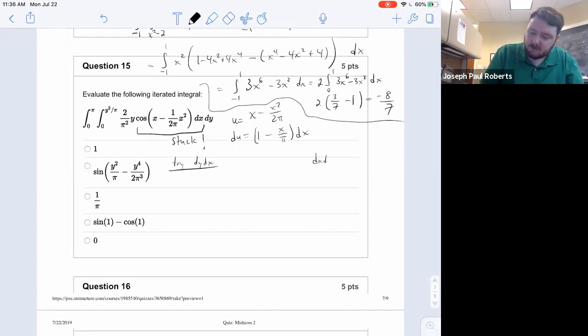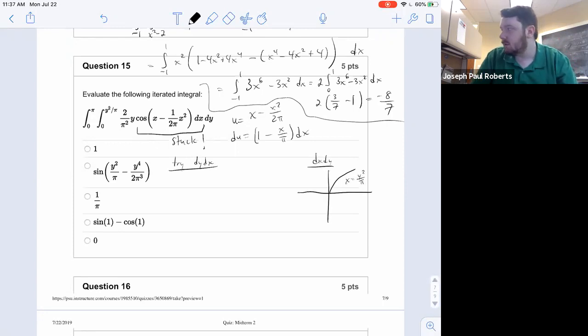So the dx dy picture you have to decode. It's telling us that x equals y squared over pi, so something like a parabola, is the right curve.